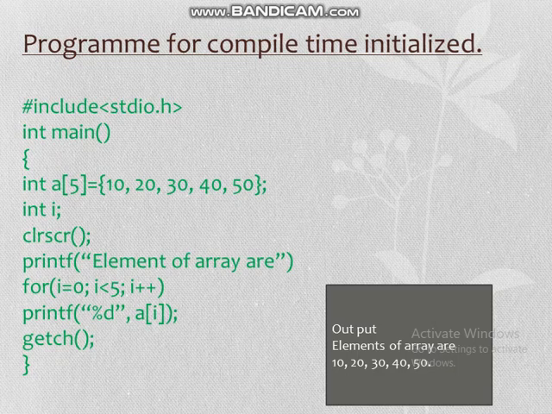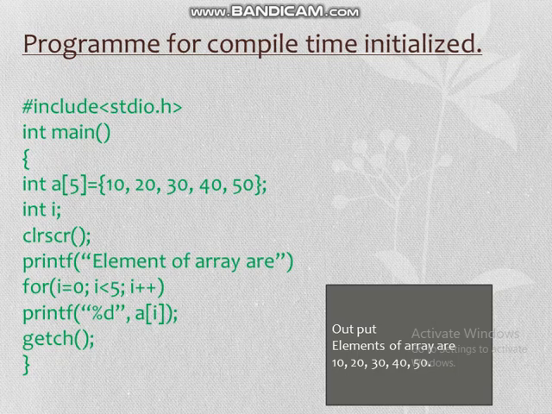Now we take the variable int i, as we have to access the array with a for loop. clrscr is used to clear the previous screen. Then for i equals 0 up to 4 it can be accessed, and you can get the total elements. It has stored these values, printf with %d and array[i].